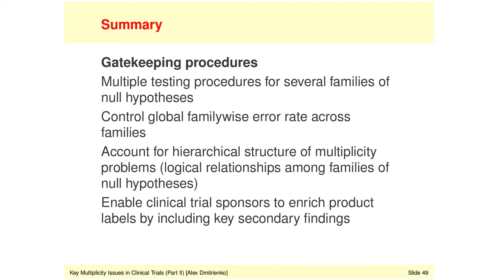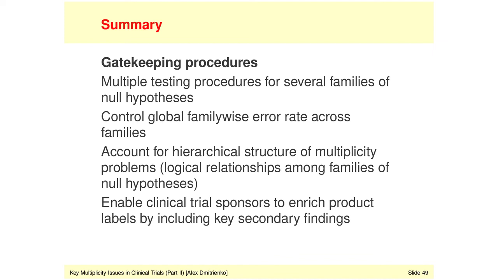The key features of a general class of gatekeeping procedures are shown on the slide. First of all, of course, they control the global family-wise error rate across the families. They do it in a very efficient way by explicitly accounting for meaningful hierarchical relationships among the null hypotheses of interest. They are formulated using logical relationships or logical restrictions.